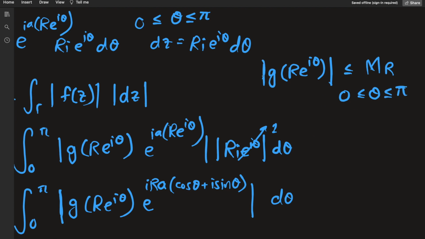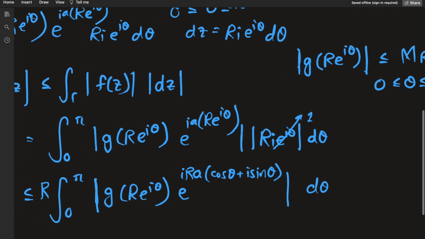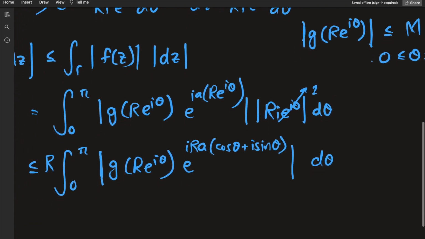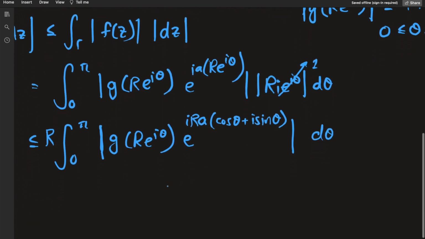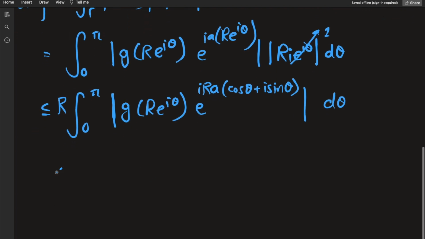Let's say it's bounded, so it's a valid assumption. We don't want it to diverge. So I'll have r and then m r, integral from 0 to pi, absolute value of e.